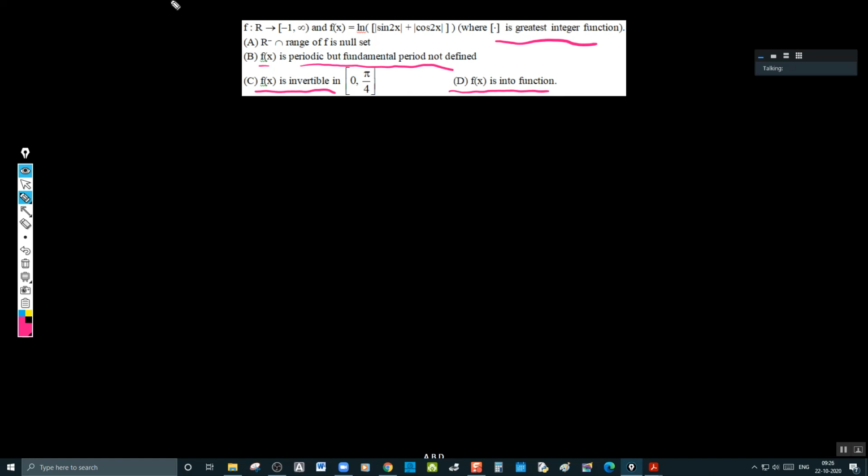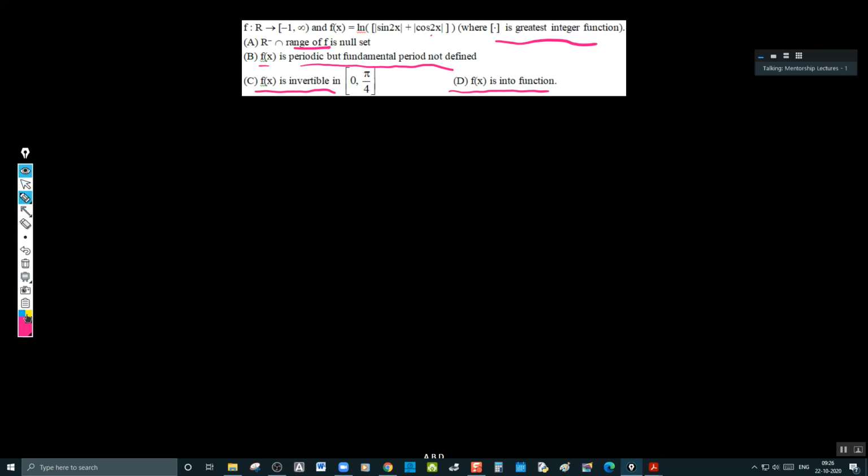Now, the important thing to be remembered here is, what is the range, because he's talking about range here. Now, if I take mod sine 2x plus mod cos 2x, mod sine 2x lies between 0 and 1, mod cos 2x lies between 0 and 1, and step of it... anyone, please respond.